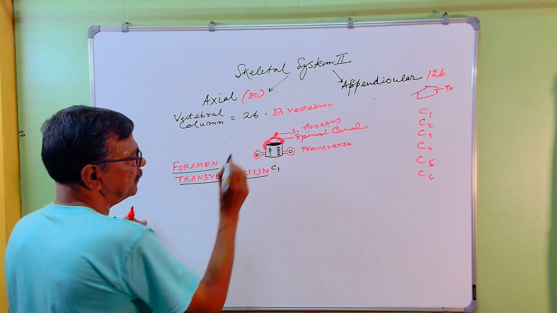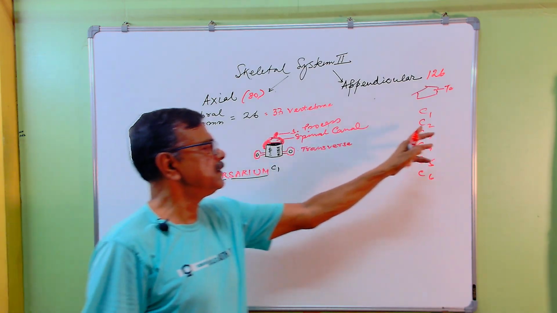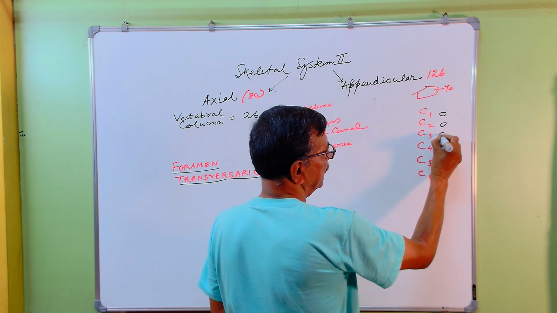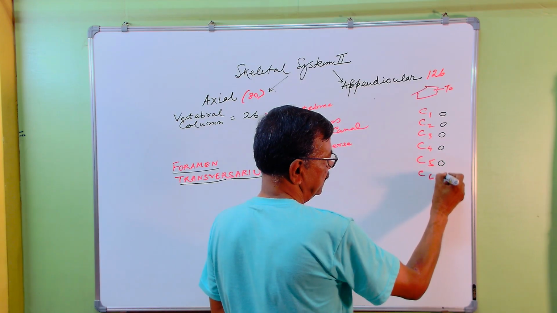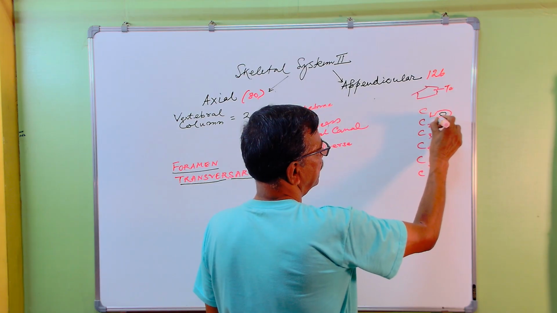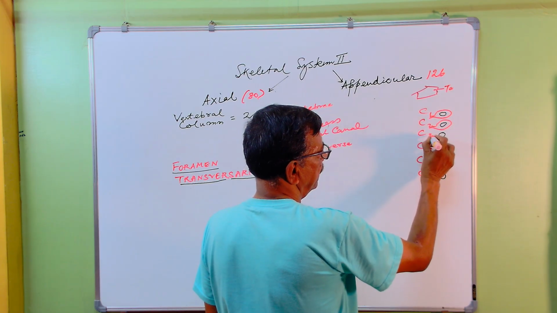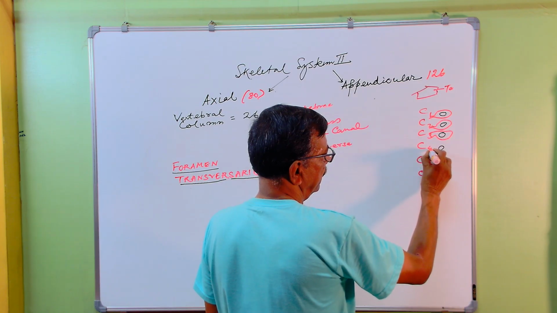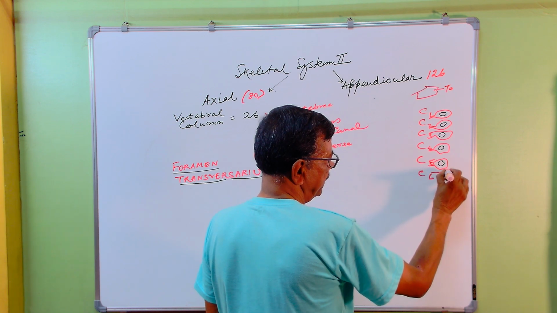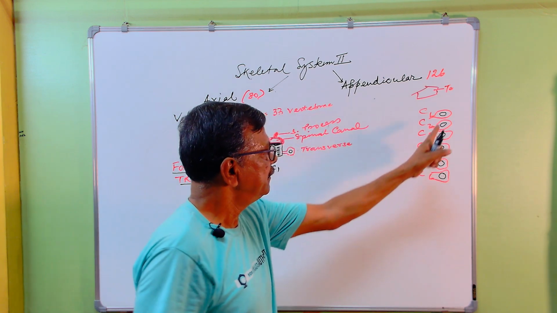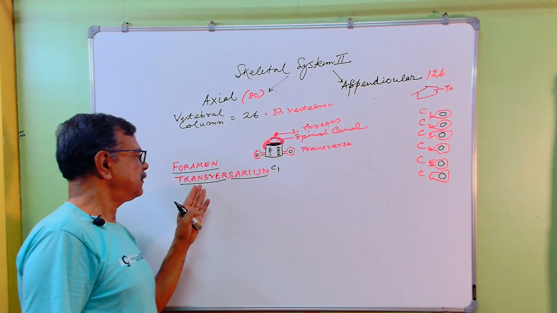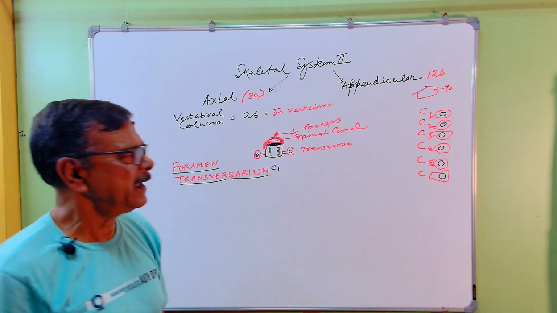So in C1, C2, C3, C4, C5, in the transverse process of each vertebra, there is a hole inside. That hole is known as transversarium.